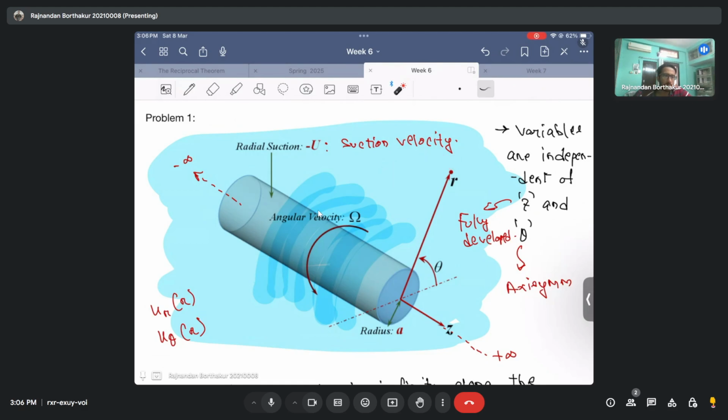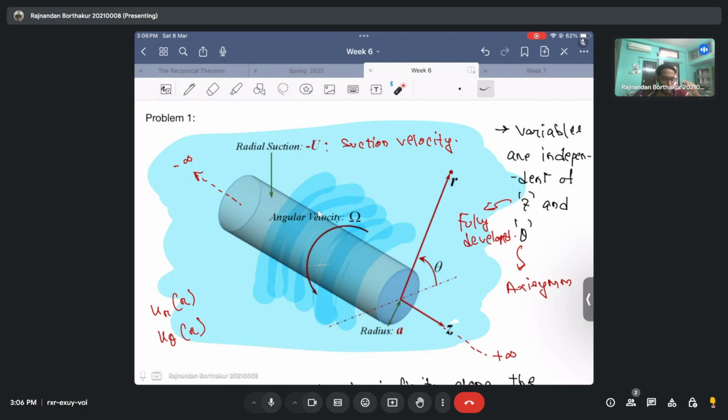We considered certain assumptions. For instance, we considered the fact that the cylinder is infinitely large in the z direction, meaning that the variables are independent of the variable z. And the problem was axisymmetric in nature, meaning that if we move around the z-axis, all the variables are just the same. That is, they are invariant.